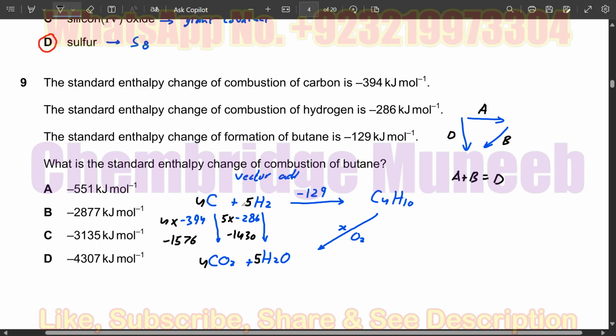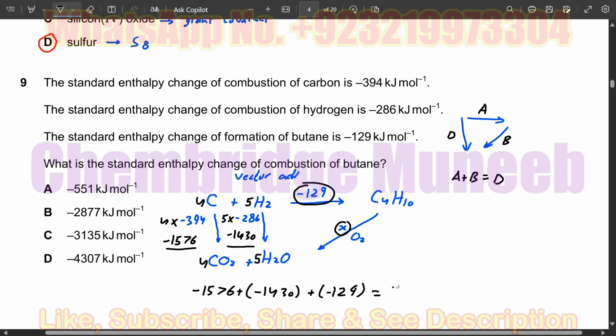So apply the same formula here, which means minus 1576 and minus 1430 are added. Minus 1576 plus minus 1430 are added, and these are added in this vector: minus 129 plus minus 129, and it shall be equal to the resultant vector.